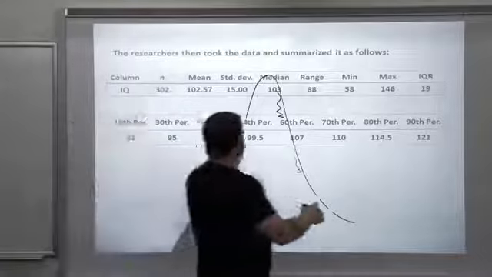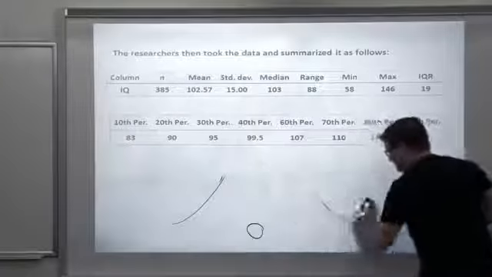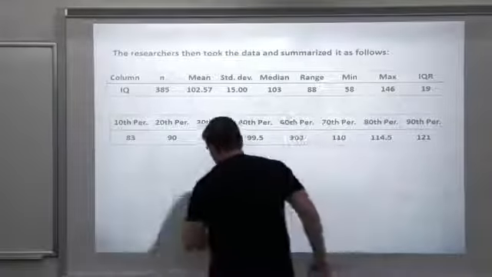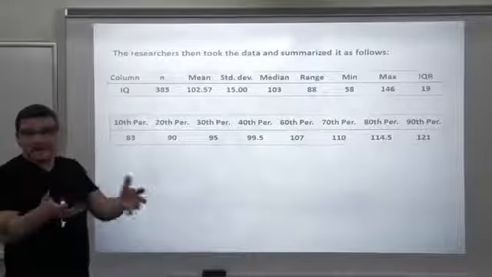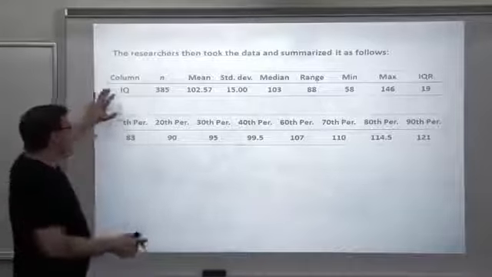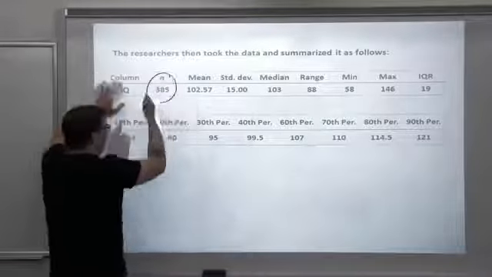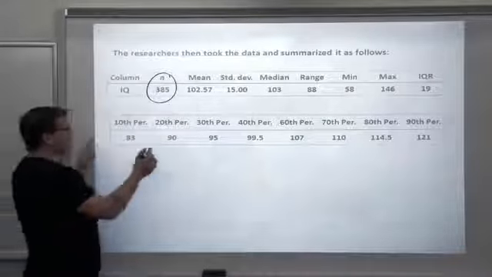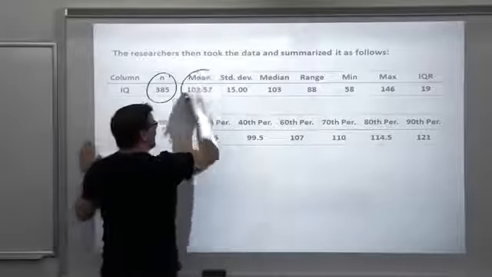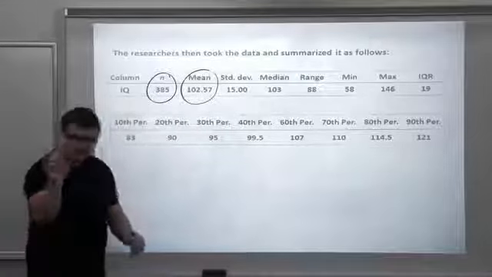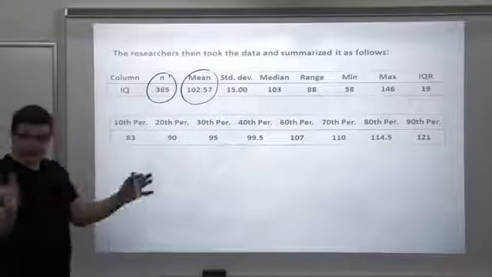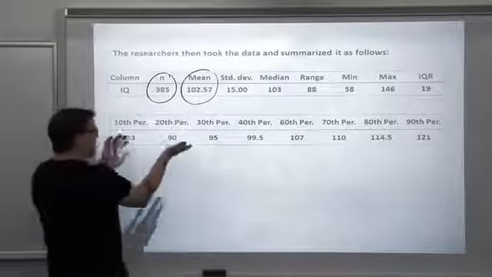Researchers ran the summary statistics. The main point of the study was: are Ivy League undergrads smarter than average when it comes to IQ? A couple important points here. 385 students. Looks like their average IQ was 102.57. That's a bit higher than 100. 100 is the general population.